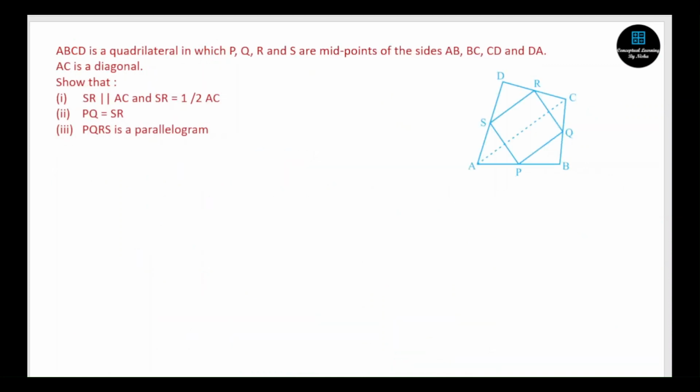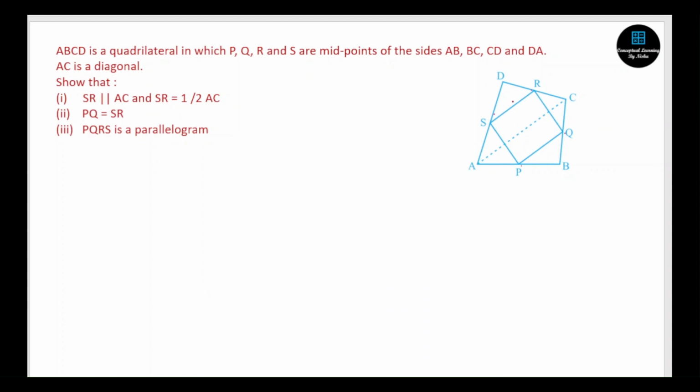Now, this question is again very easy and based on the midpoint theorem. So, what is given to us? ABCD is a quadrilateral. And P, Q, R, S are the midpoints of AB, BC, CD and AD respectively.